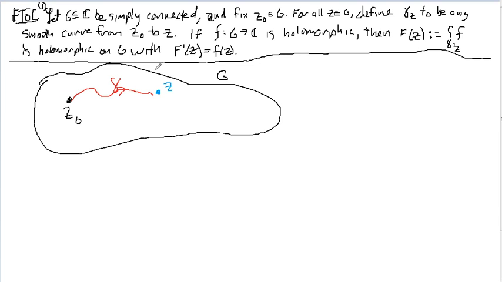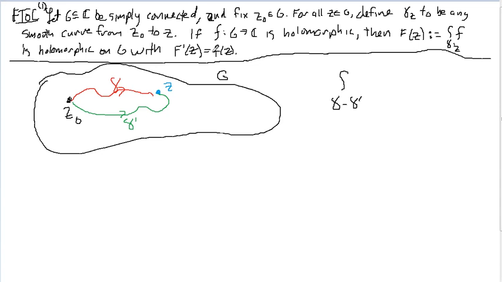If this is gamma, I'll get one value when I integrate, but I might also have another path, call it gamma prime. I'm going to show you that regardless of the option you pick, you're going to get the same result. In particular, I can look at the integral over gamma minus gamma prime.